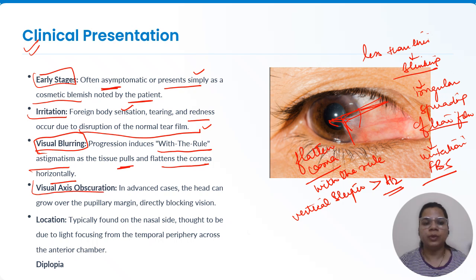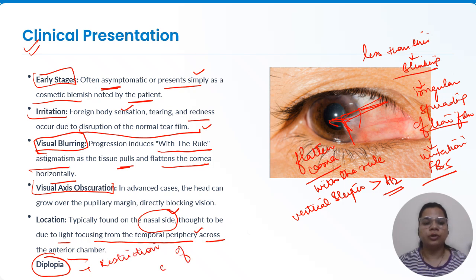Next, there will be visual axis obscuration if it covers the pupillary margin. It is typically located on the nasal side due to the light focusing from the temporal periphery across the anterior chamber. It also leads to diplopia if there is some restriction of extraocular muscles.